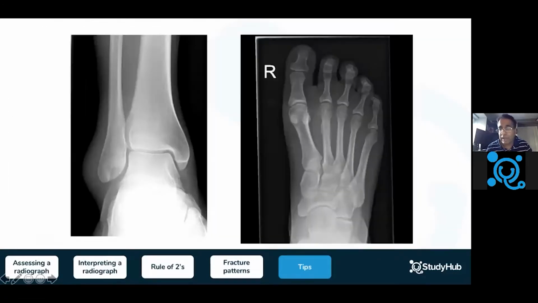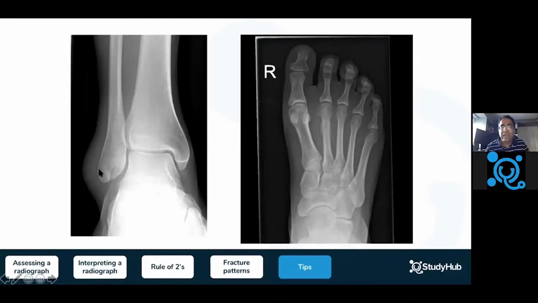Okay, right. So over here again, this is a patient who had twisted their ankle. So they came in with pain and swelling along the lateral malleolus over here, and there you can see there's a nice soft tissue swelling. But as you look on the contralateral side, which is the medial aspect, you can see there's very little soft tissue thickening between the bone and the actual skin, whereas here it's quite marked.